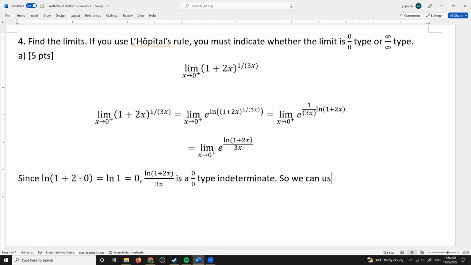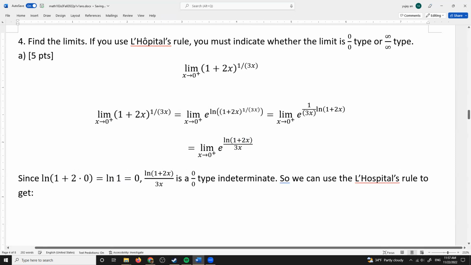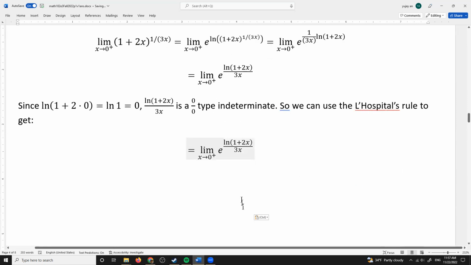So we can use L'Hopital's rule, which means you have to differentiate top and bottom, right?